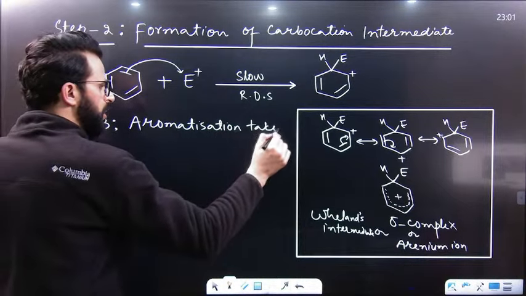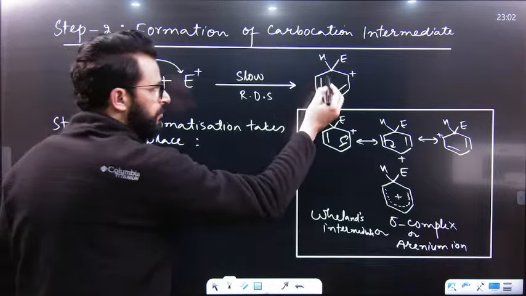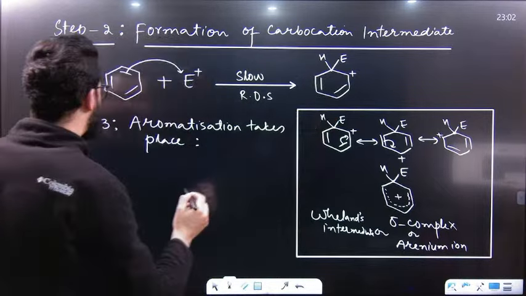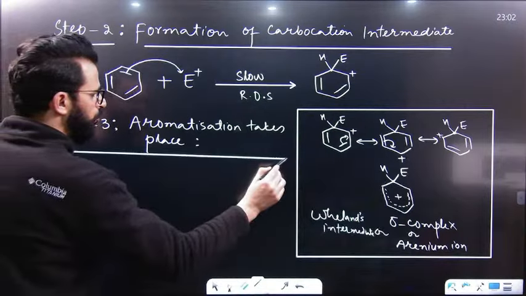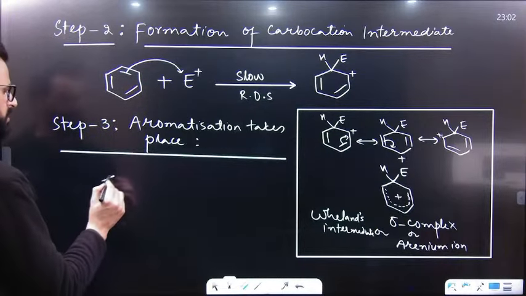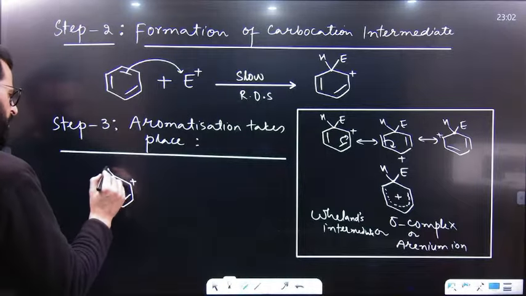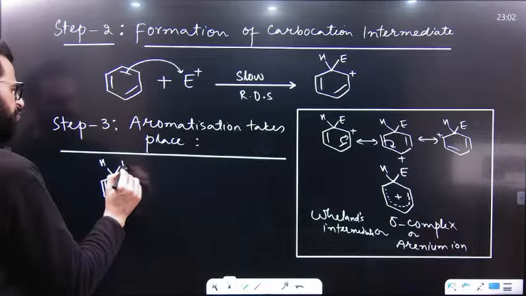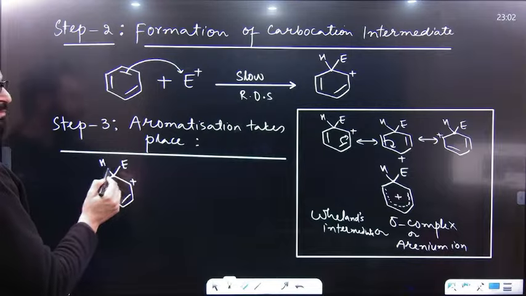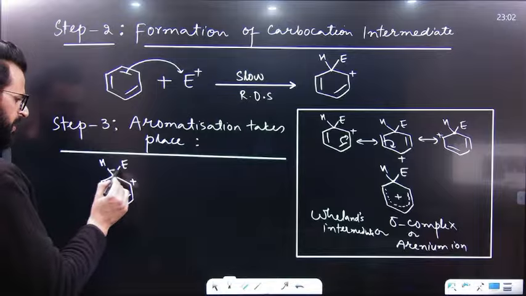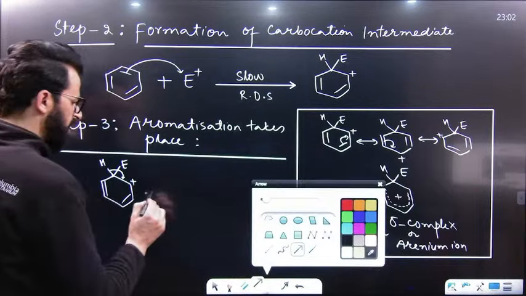This structure, which is non-aromatic because of this sp3 hybridized carbon, is converted to aromatic once again, like this. It will lose H as H positive from that position to which the electrophile E positive has been added. Now it will lose that H positive and form an aromatic compound once again.